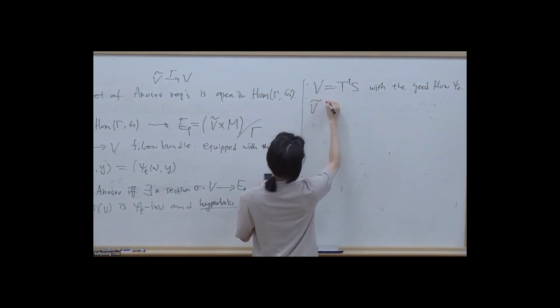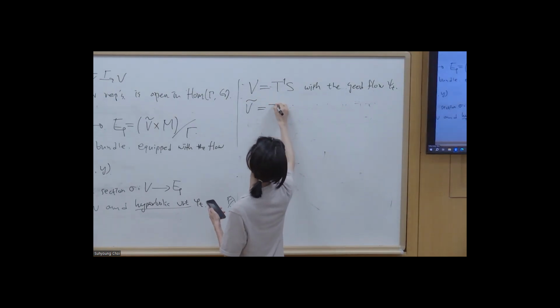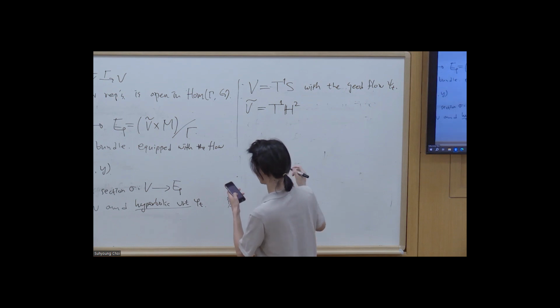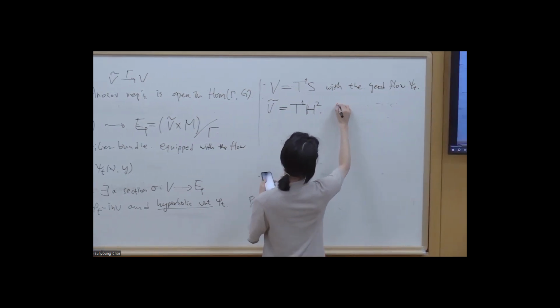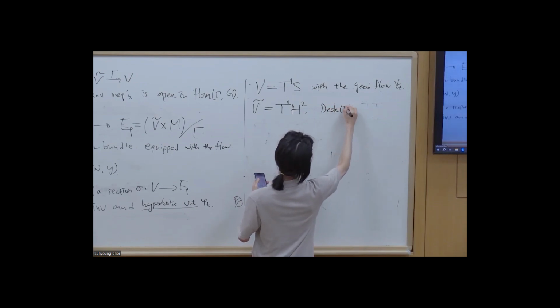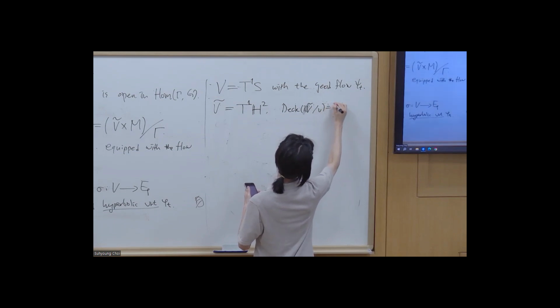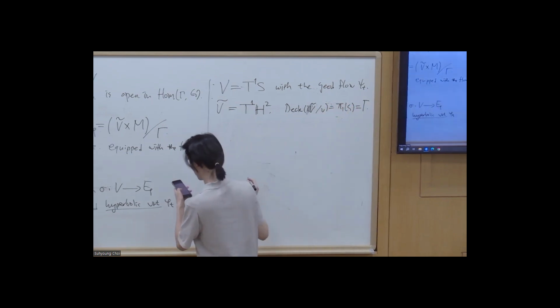And V tilde, the universal covering, in our case will be the unit tangent bundle over the Poincare disk. And then the deck transformation group over V will be just the fundamental group of S, denoted by gamma.